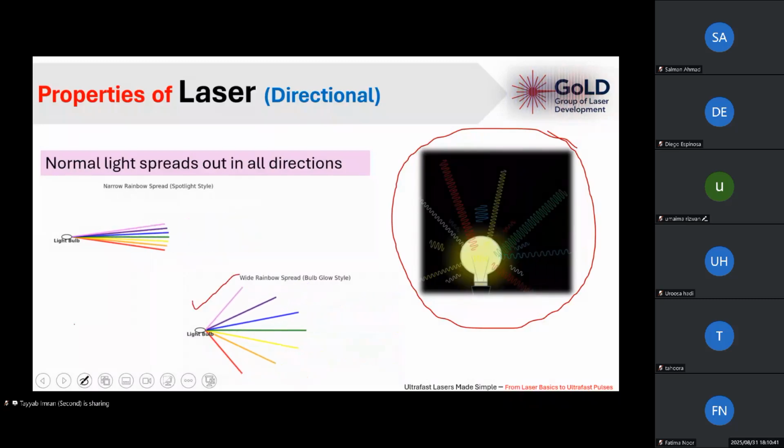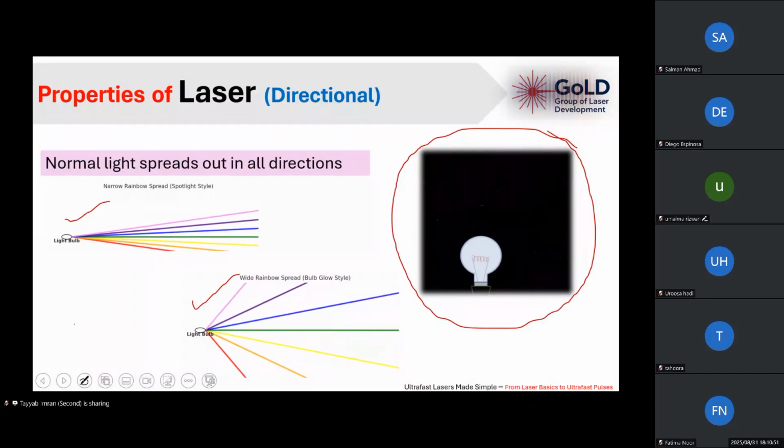It depends on the kind of bulb, but white light coming from a bulb or any white light source spreads in all the directions. So it's not directional.